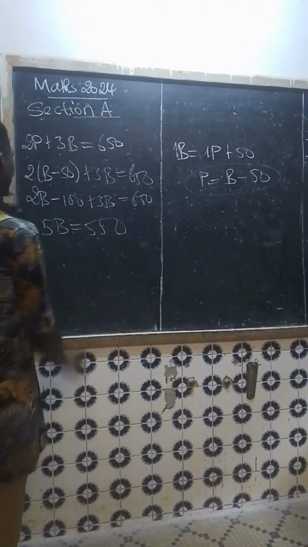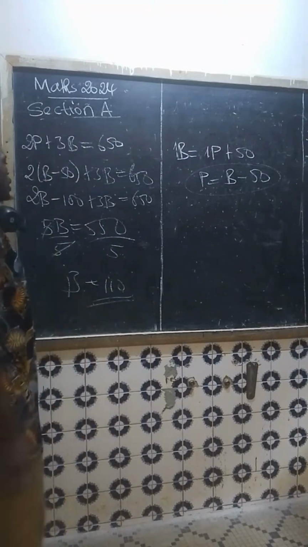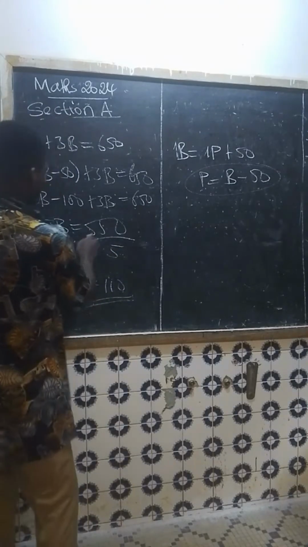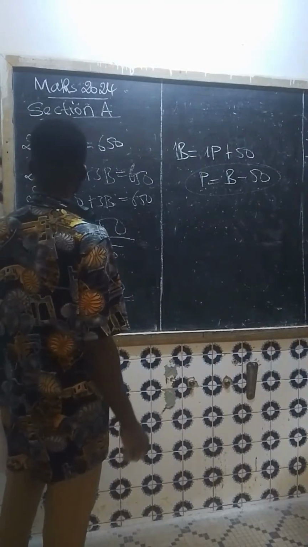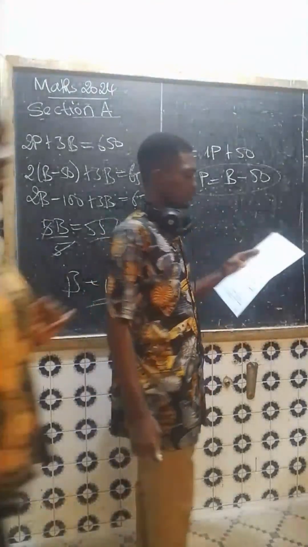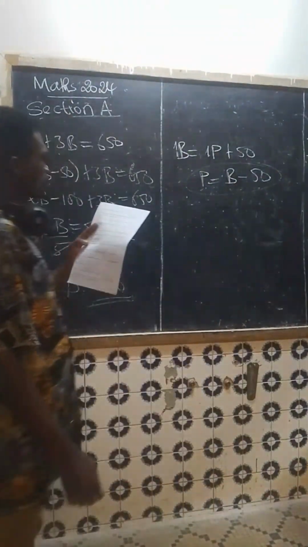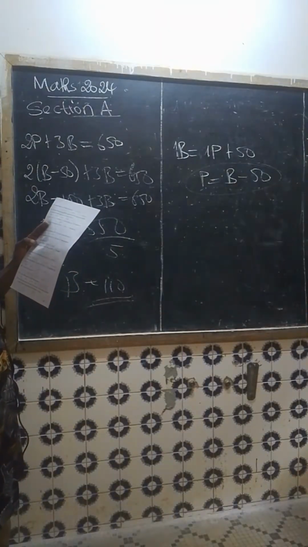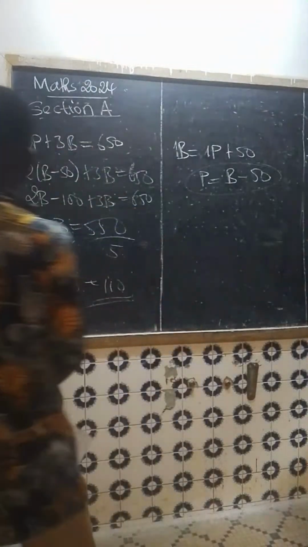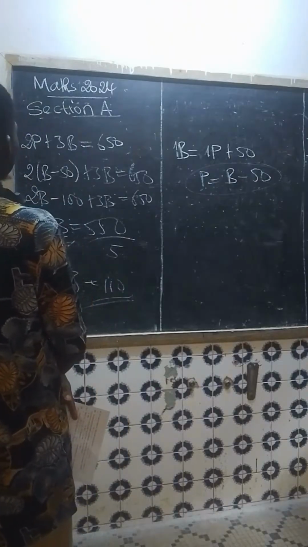What's 650 plus 100? 750. What's 750 over 5? It's 150. So what is wrong with this? What's 650 minus 150?